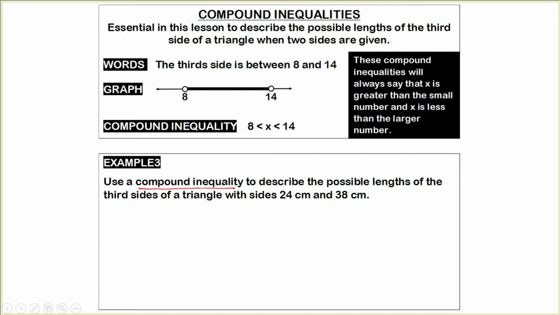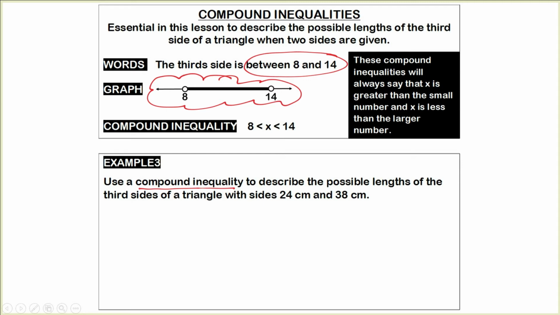So in words, in my example, I have the third side is between 8 and 14. That's all we're trying to say, but we're trying to say it mathematically using mathematical symbols. As a graph, it looks like this. And you see that there's an open dot above the 8, which means 8 is not one of the possible side lengths.